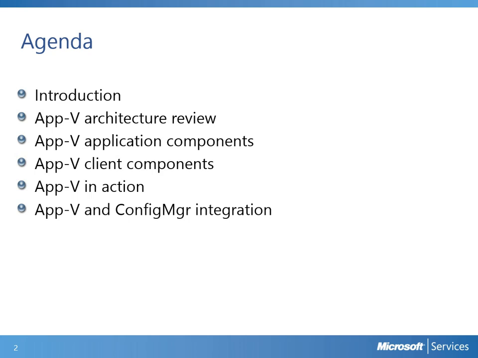And then we'll talk a bit about App-V and ConfigMgr integration, because that is pretty useful, frankly. It allows you to do some things with the App-V integrated component that might be a challenge with other application virtualization solutions. And it just makes sense, frankly, if you're using ConfigMgr to use App-V. All right.